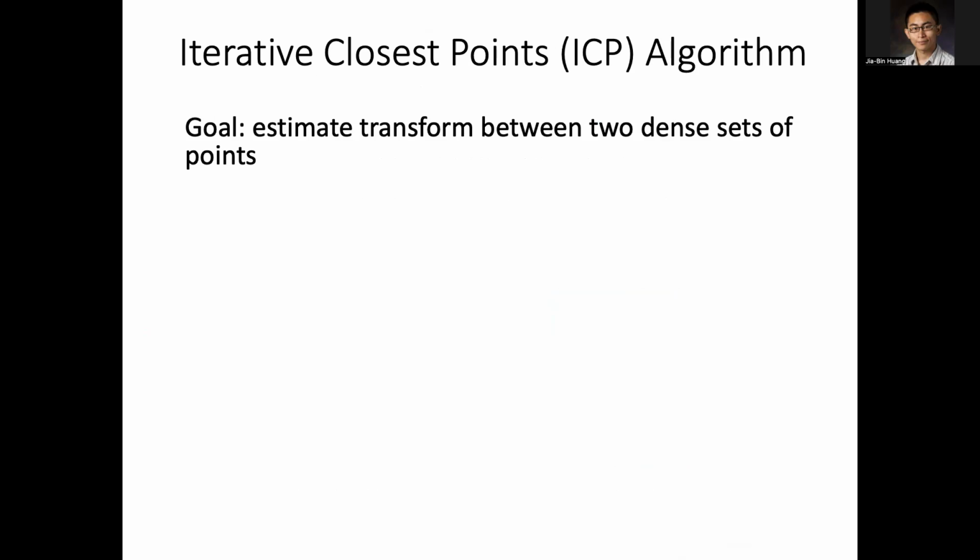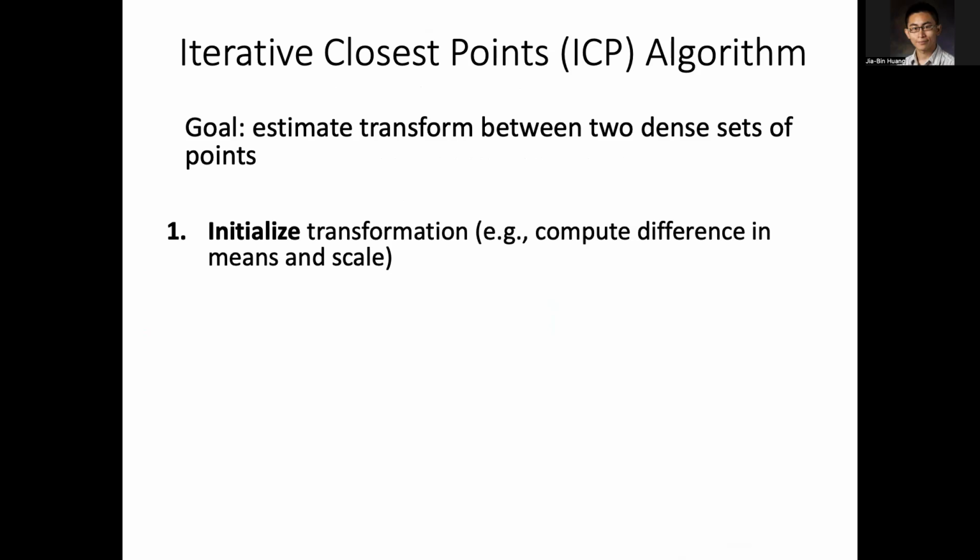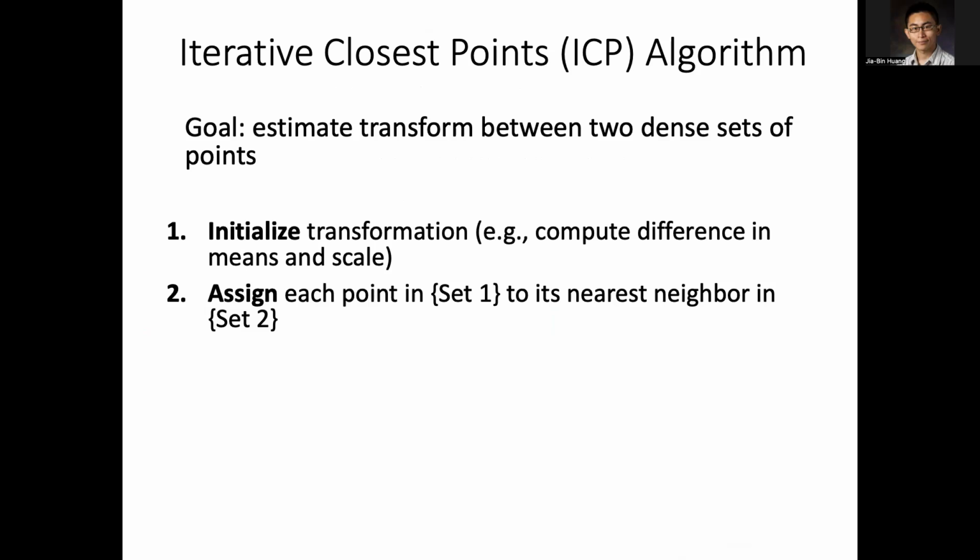Okay, so here's how it works. Imagine that you have two CT scans, just some 3D point clouds. The way you do this is that you first need to initialize the transformation, like maybe first initialize the center and the scale of these points. And then for each point in set one, you want to find the correspondence in set two, right?